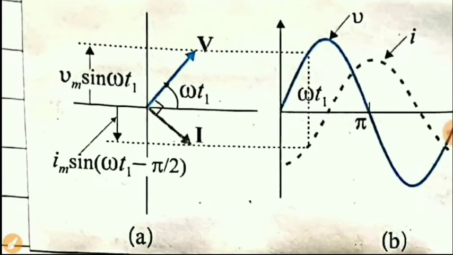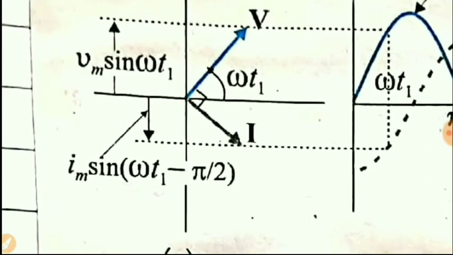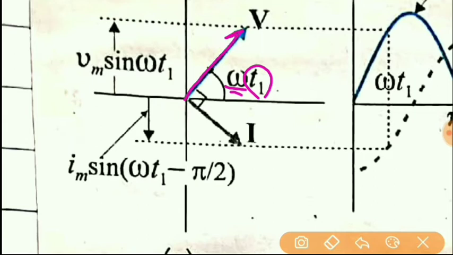Same thing is shown in this phasor diagram. Now students, here in this phasor diagram, at time t1, the angle made by this vector v, that is phasor, rotating vector v, is omega t1.